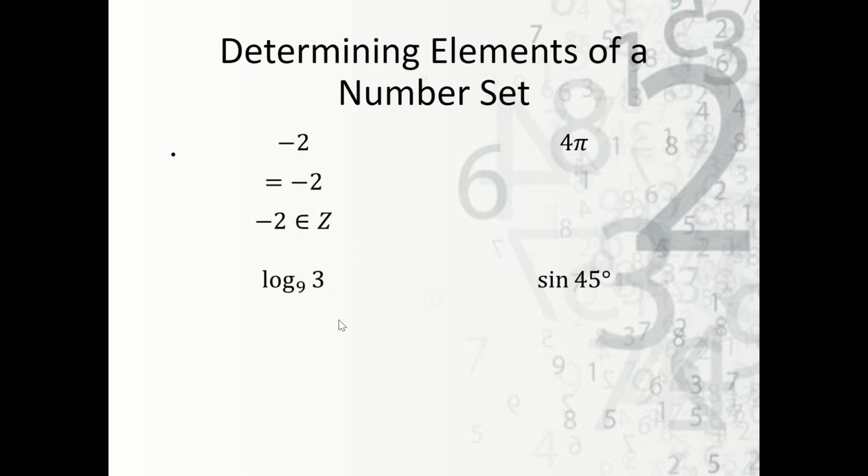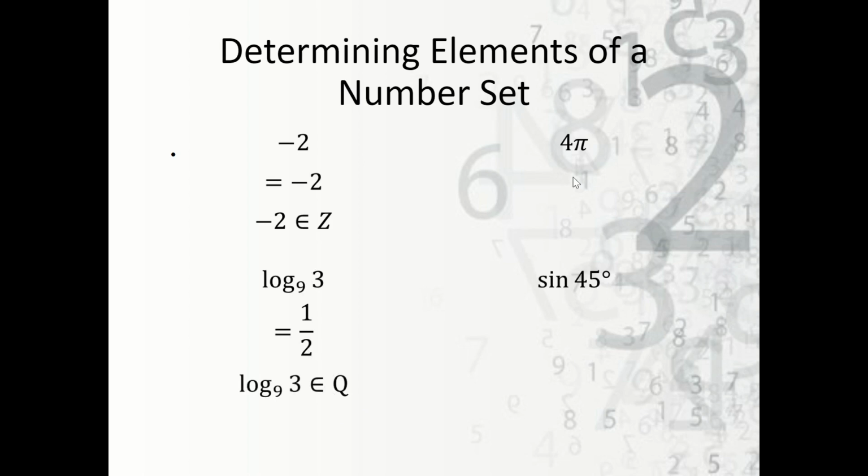We can't just leave it as a log and determine which set it belongs to, so we need to simplify this. So this is really 9 to what power equals 3? Well, we know that 9 to the 1/2 power equals 3 because it's a square root. So this is really 1/2, and 1/2 is a rational number, so it belongs in the set of rational numbers, or Q.